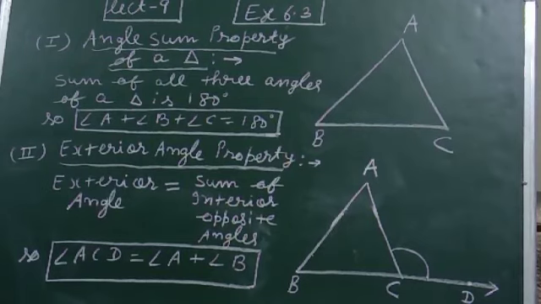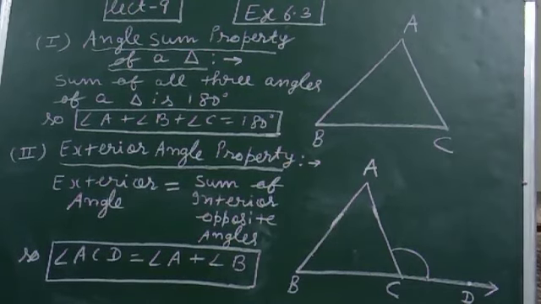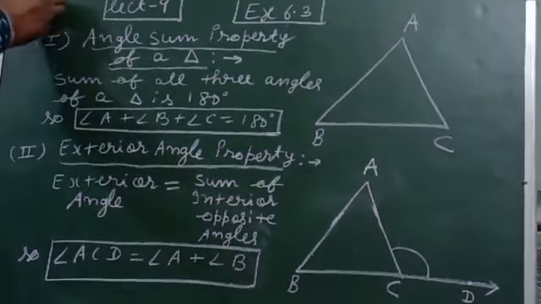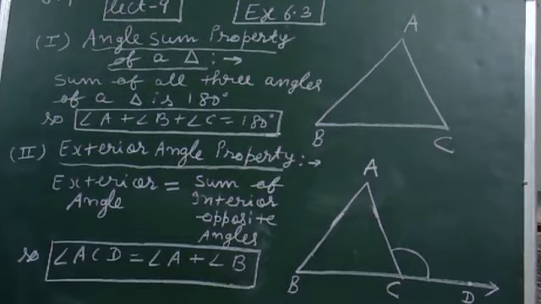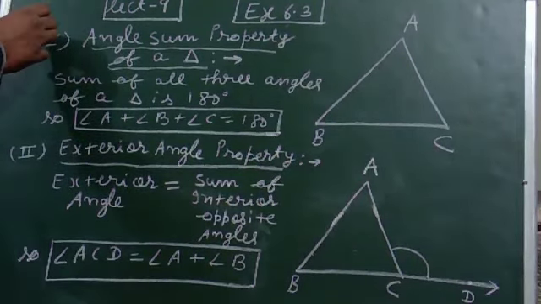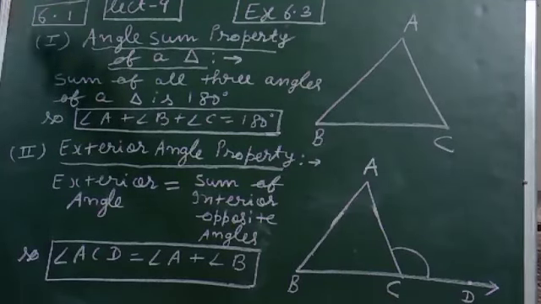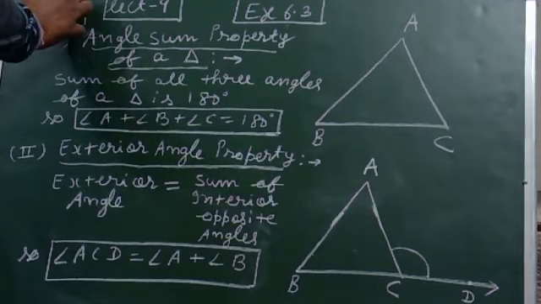So in sixth chapter, up to now we discussed two exercises, 6.1 and 6.2. In exercise 6.1, we discussed linear pair of angles and vertically opposite angles.